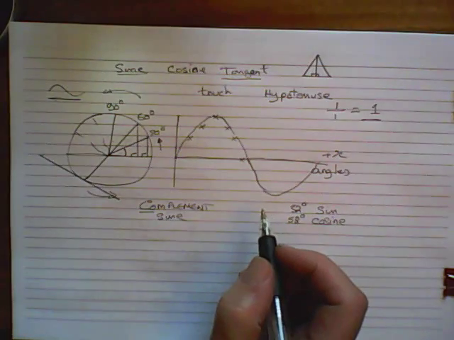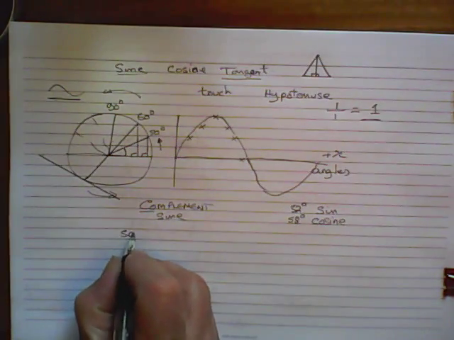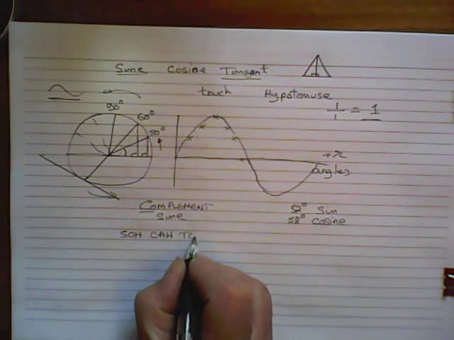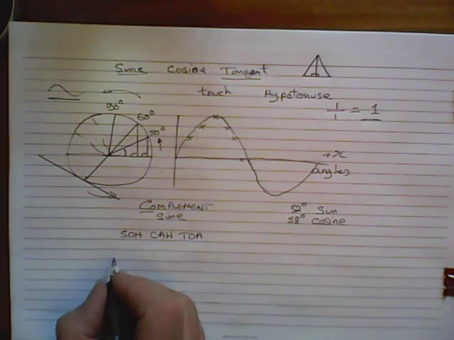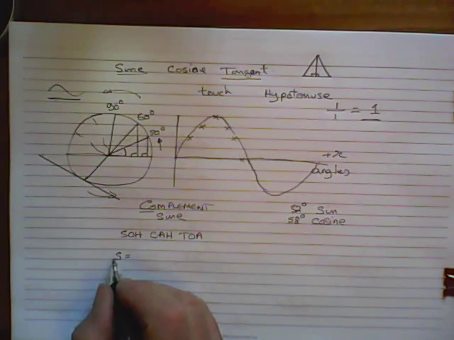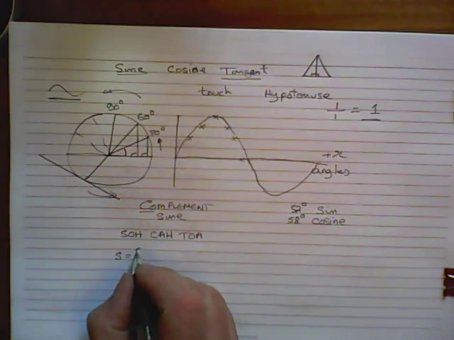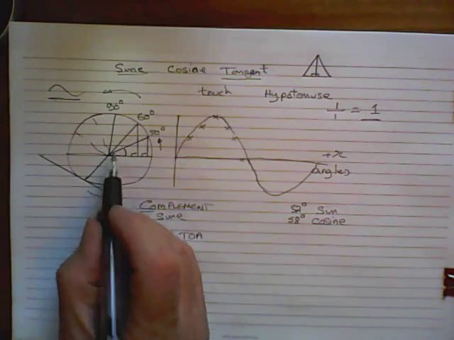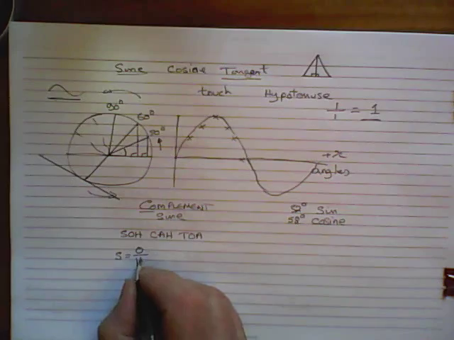Now, if we come back to, I'm sure you're all familiar with something called SOHCAHTOA. The sine of an angle equals the length of the opposite, that is the side opposite to the angle itself, over the hypotenuse, which is the long side.